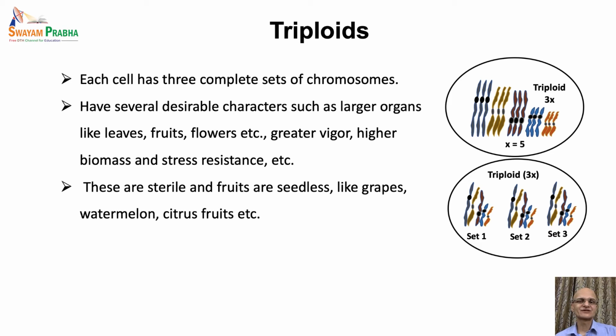Triploids are sterile plants and so they do not bear seeds. Therefore, they bear seedless fruits, which are specifically desirable for the fruit industry. Several triploid fruits are available in the market that we use on a daily basis, like seedless grapes or seedless watermelon.